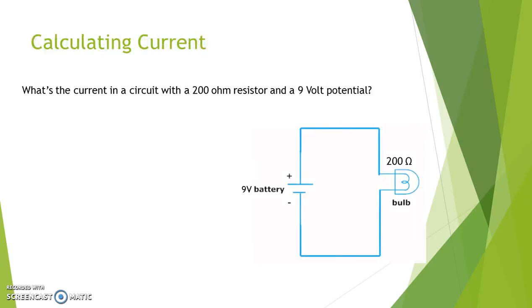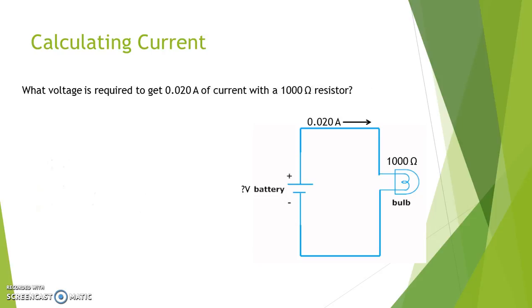So we can apply Ohm's law to take a circuit like this one with a 200 ohm bulb attached to a 9-volt battery, and we can calculate the current pretty simply. Remember that I equals V over R. And so it's 9 volts divided by 200 ohms, or 0.045 amperes.